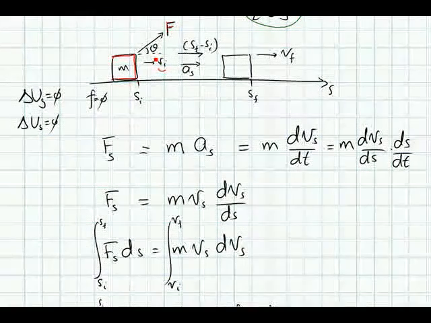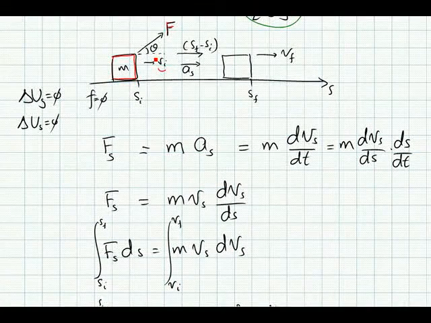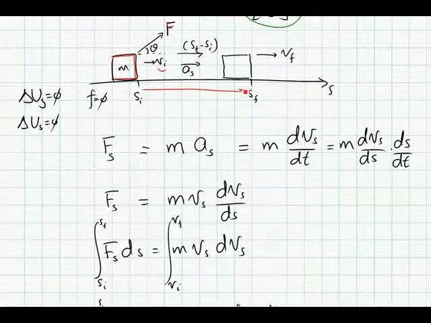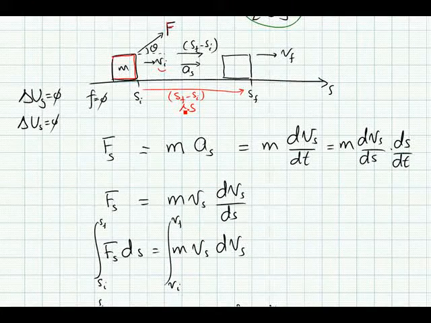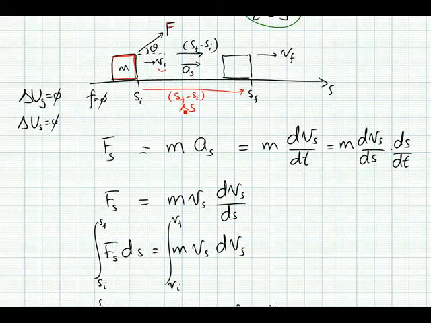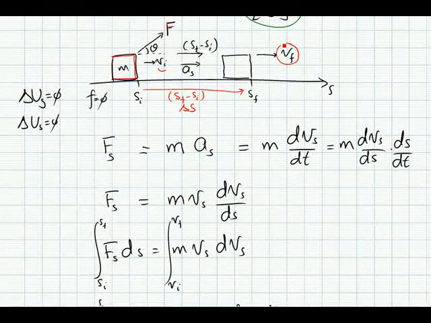Force F acts at an angle theta with respect to the horizontal. So as a result of this force F acting on it, our mass gets displaced through SF minus SI, that's our delta S, along the horizontal direction, and achieves a final velocity Vf.